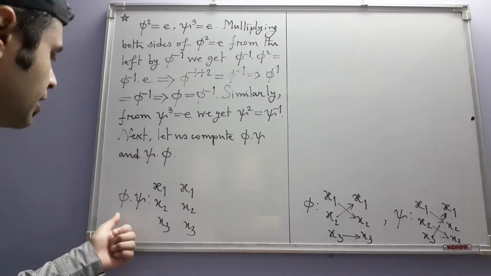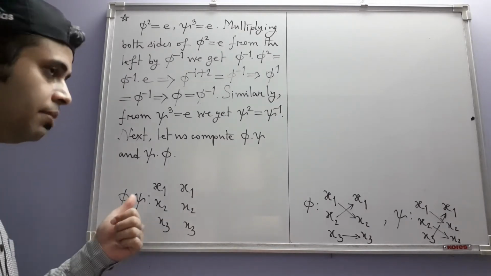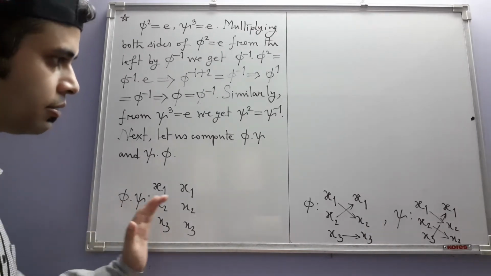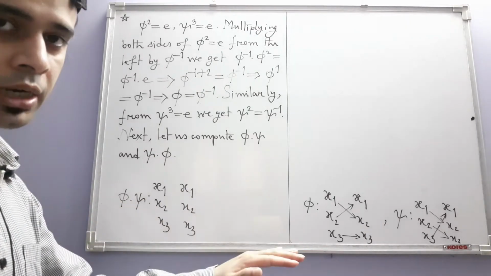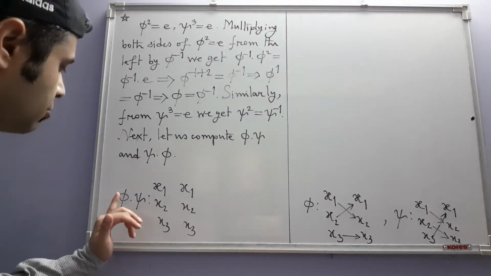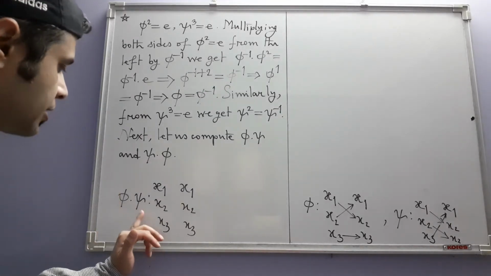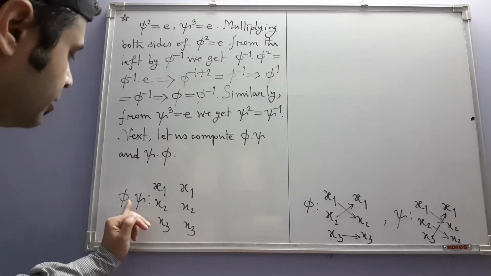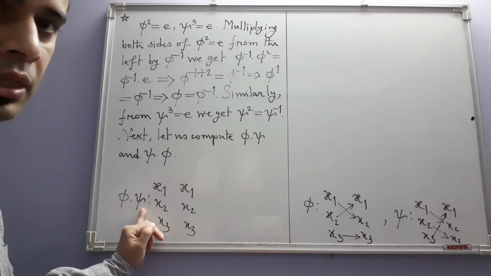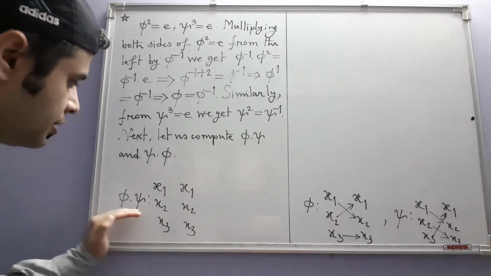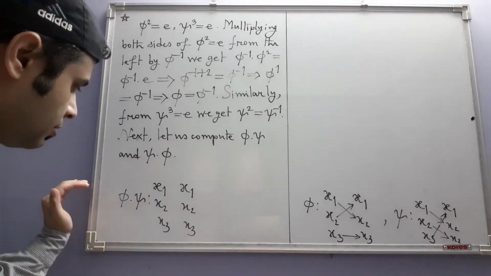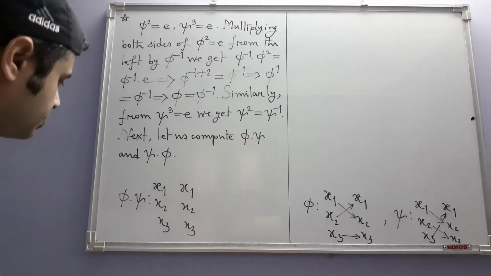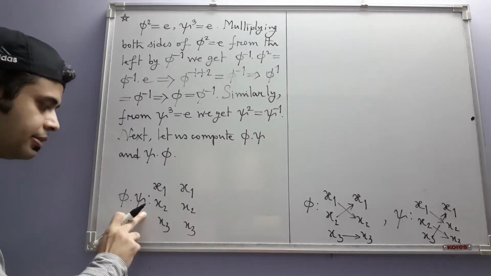So when we first apply phi, keep in mind that for us, since we are writing functions to the right of the argument, whenever we are writing phi dot psi, we are always supposed to first of all apply phi, and then on the result we apply psi. The composition always reads in the order in which it is appearing. First phi and then psi.